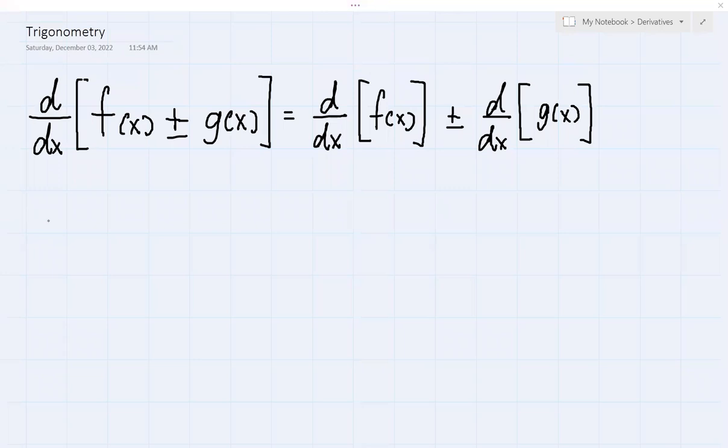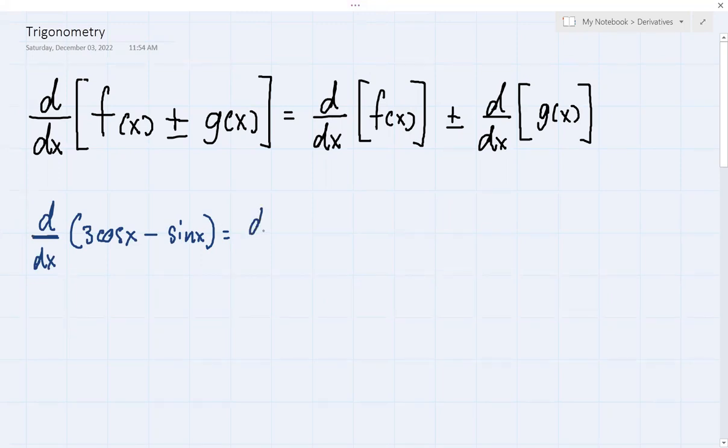Now, let's say we have this. Sorry, here. The derivative of 3 times cosine x minus sine x. Okay? In here, we will apply the sum and difference rule of differentiation since the given terms are separated by addition or subtraction.